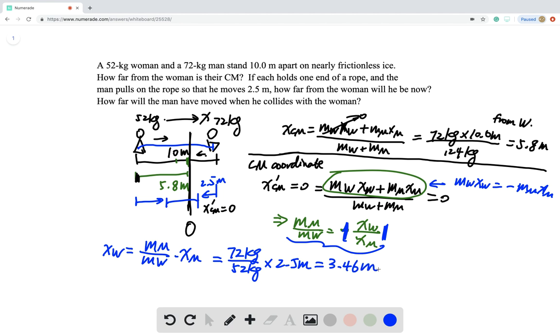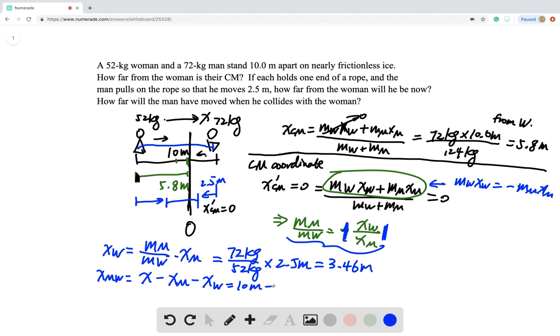Now we ask how far they are from each other. The distance between the man and woman is the original distance minus the distance moved by the man minus the distance moved by the woman.